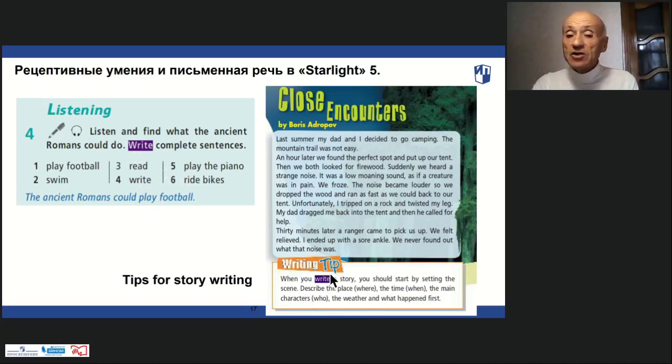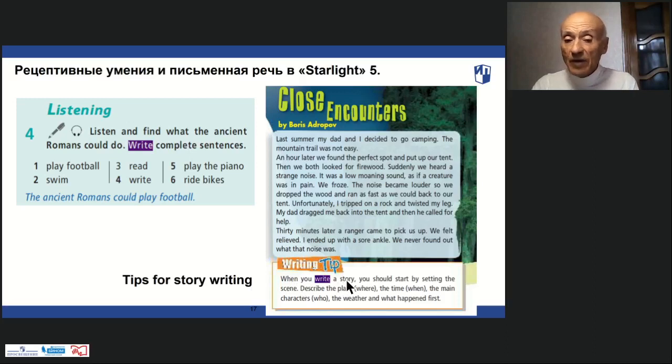Or story writing. First, children get acquainted with an example of the story, and then they get a very important writing tip that will be useful at the Cambridge exam.